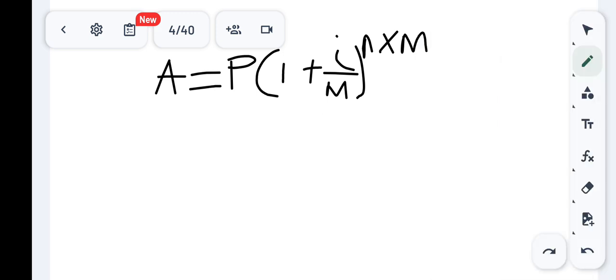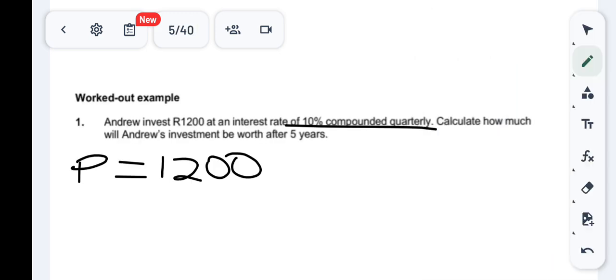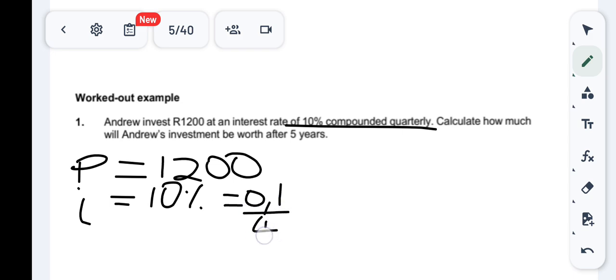Let's write the interest rate down. It's 10%, and when you divide 10% by 100, it's going to give you 0,1. Then this 0,1 will be divided by 4, compounded quarterly, remember. They are asking to calculate how much Andrew's investment will be worth after 5 years.